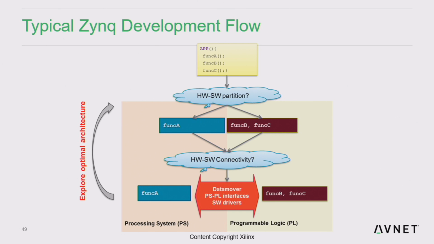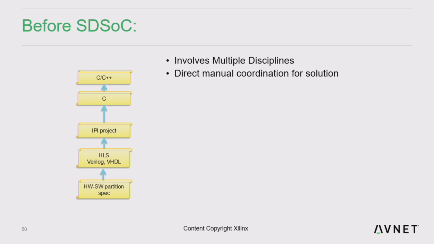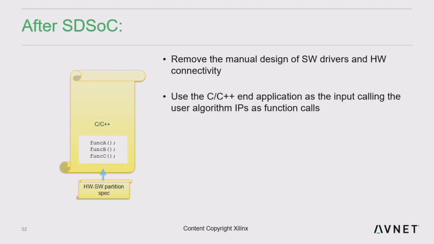Let's see, I've got 20 seconds. Real quick, in your normal development flow, you have your functions. You have to decide which ones you want to put in hardware and which ones in software. However, SDSoC essentially removes all of that.